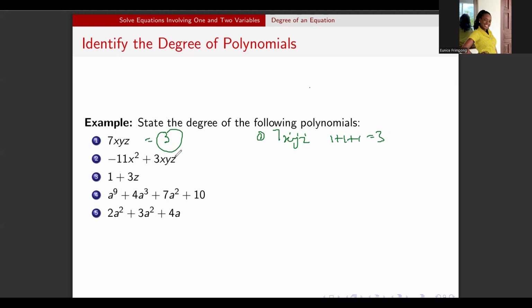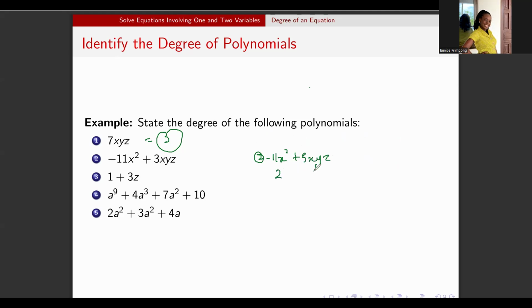We have to find the degree of each of the terms separately. So for number 2, the degree of the first term is 2.